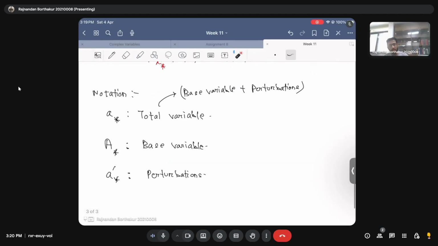For example, if we want a non-dimensional version of these variables, a is my total non-dimensional variable, capital A is my non-dimensional base variable, and a dash is my non-dimensional perturbed variable. We will stick to this notation throughout the stability analysis.